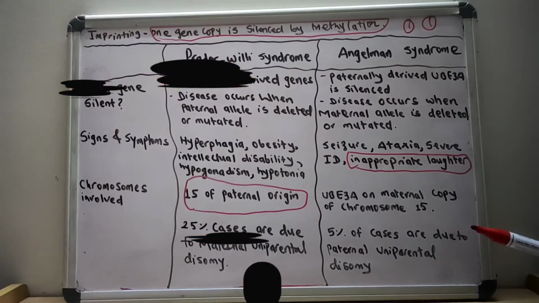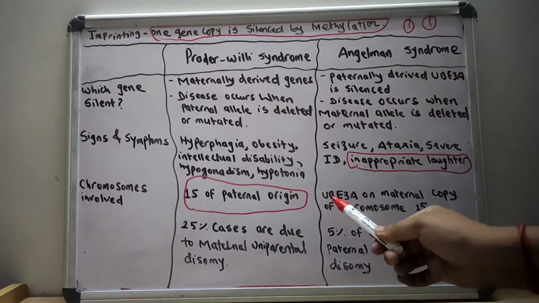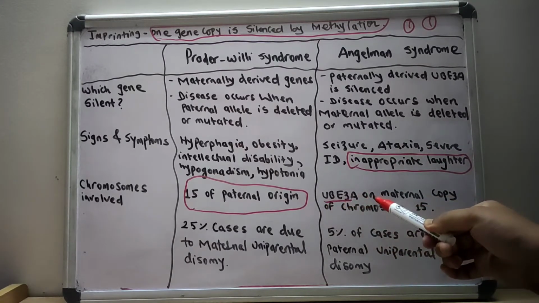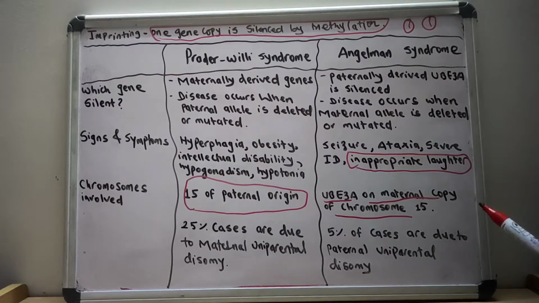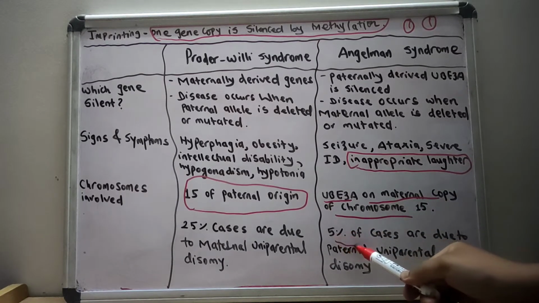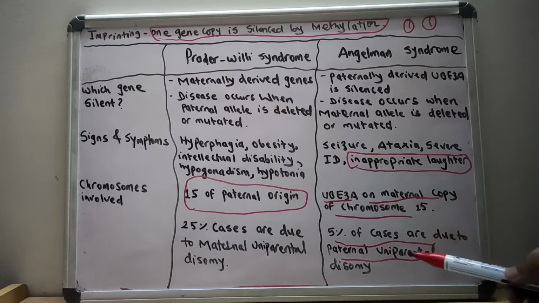What chromosome is involved? The UBE3A on the maternal copy of chromosome 15 is involved. One note: 5% of cases are due to paternal uniparental disomy.